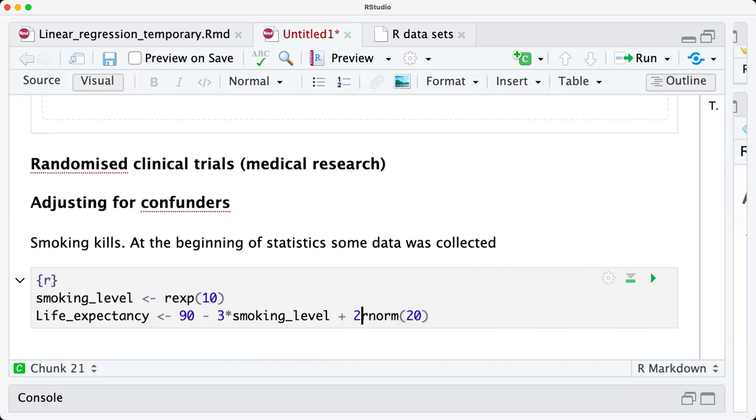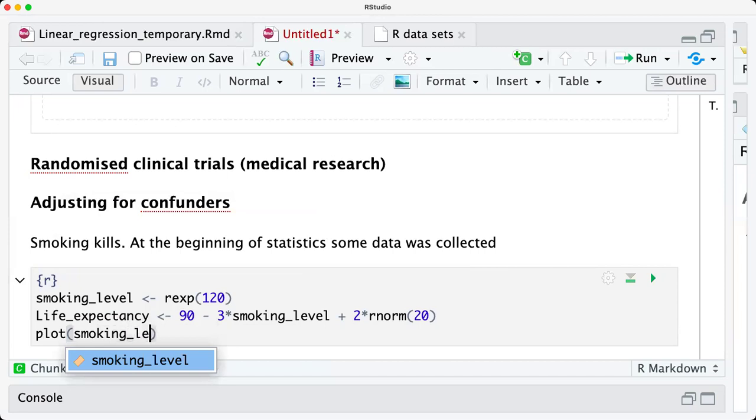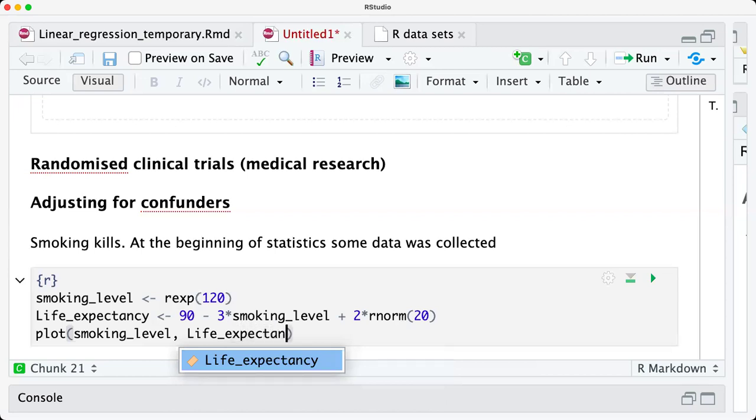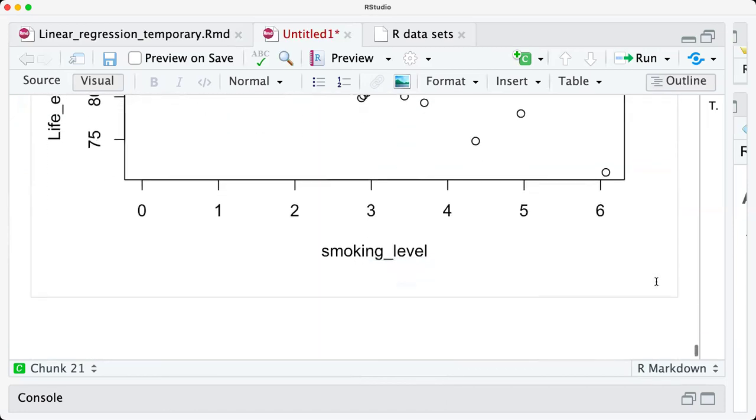So let's plot the data. Something like that.